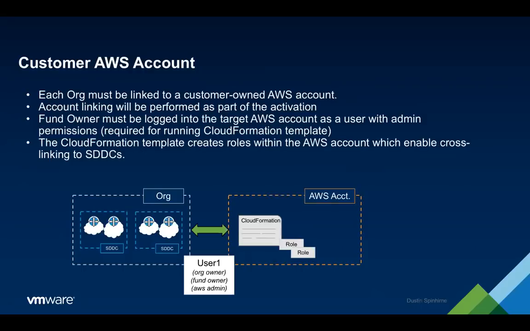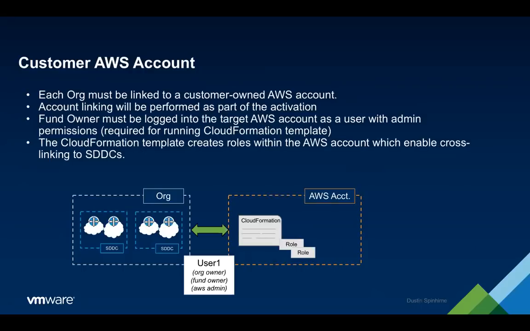But the important takeaway here is that the CloudFormation template itself needs to be run by somebody, number one, that has a user account in that Amazon account and also has the correct permissions. We tend to say admin permissions. I think it actually doesn't quite require admin, but just to be on the safe side, somebody with admin privileges is probably the right level of access we're looking for.